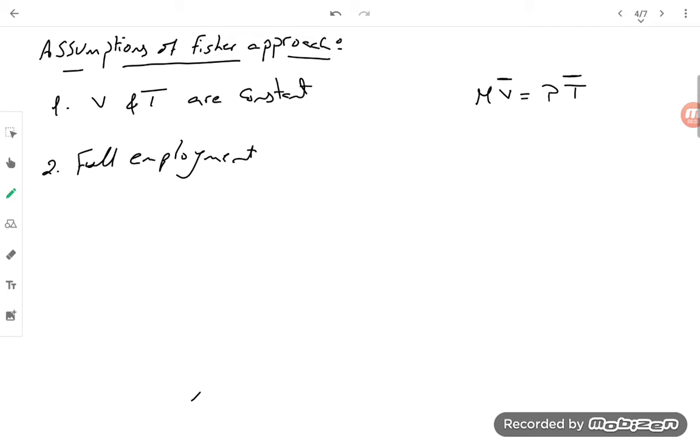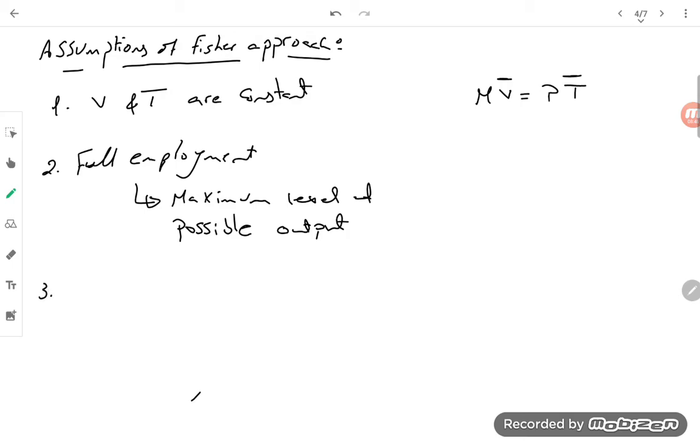Full employment doesn't mean zero unemployment, but it means the maximum level of possible production or output. So full employment is the reason why T is constant, as T is the number of units produced and we reach the maximum level, so we cannot increase production anymore.